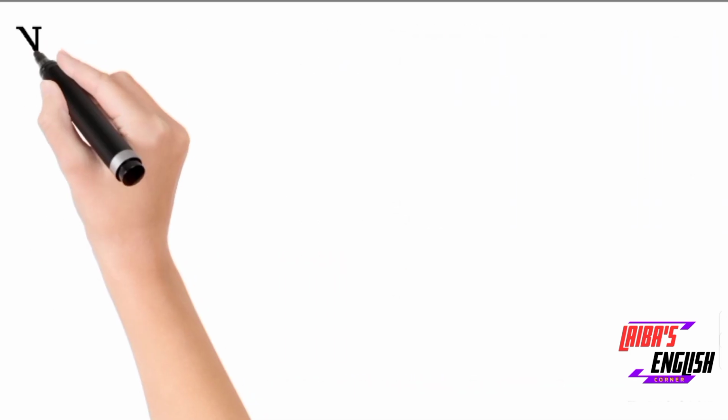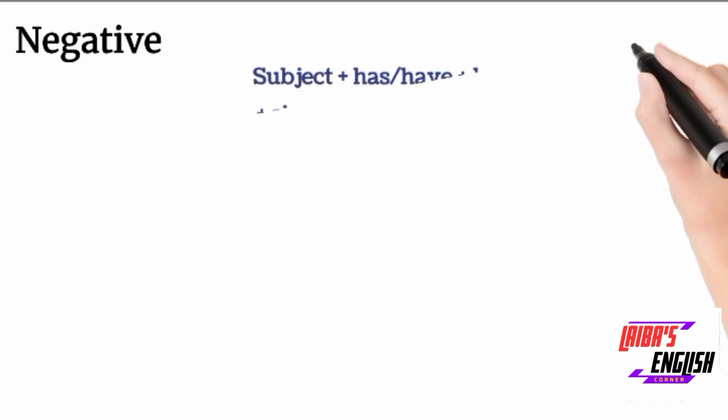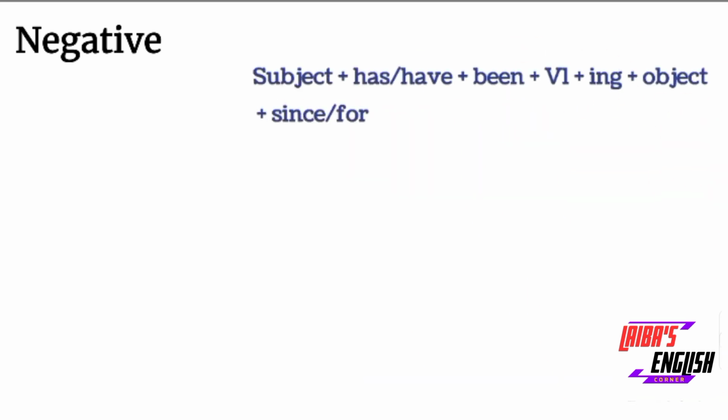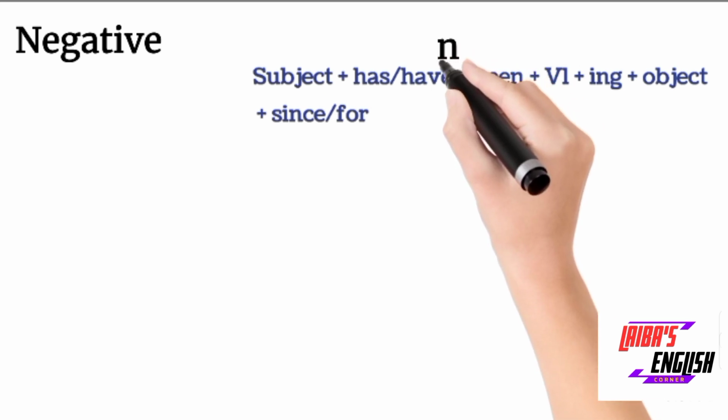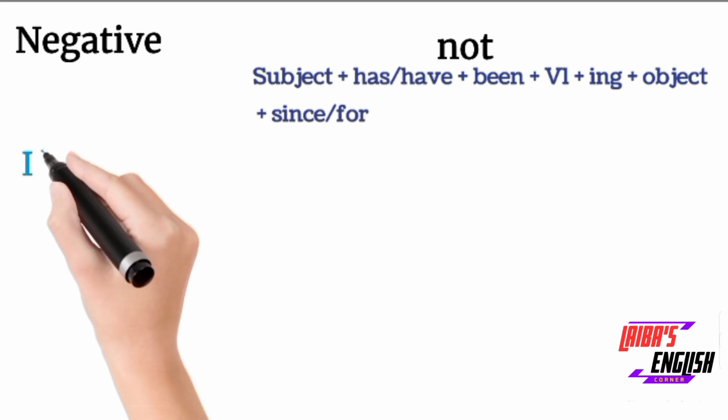So now we will make the negative of present perfect continuous tense. I know that the present perfect continuous tense structure is a little bit long, but it is very easy if you understand it. So in negative we are going to put not, but where are we going to put not? Yes, we are going to put not after the helping verb and the whole structure will remain the same. We will have some examples to make our concept clear.